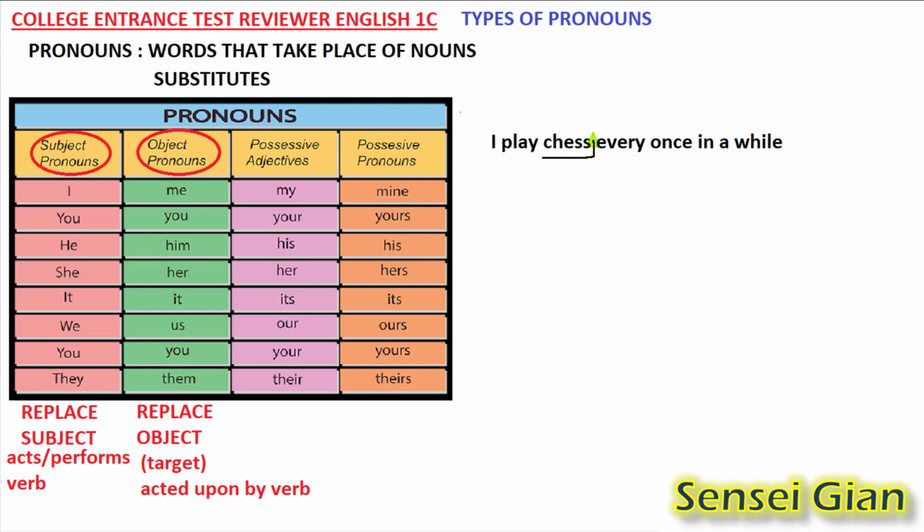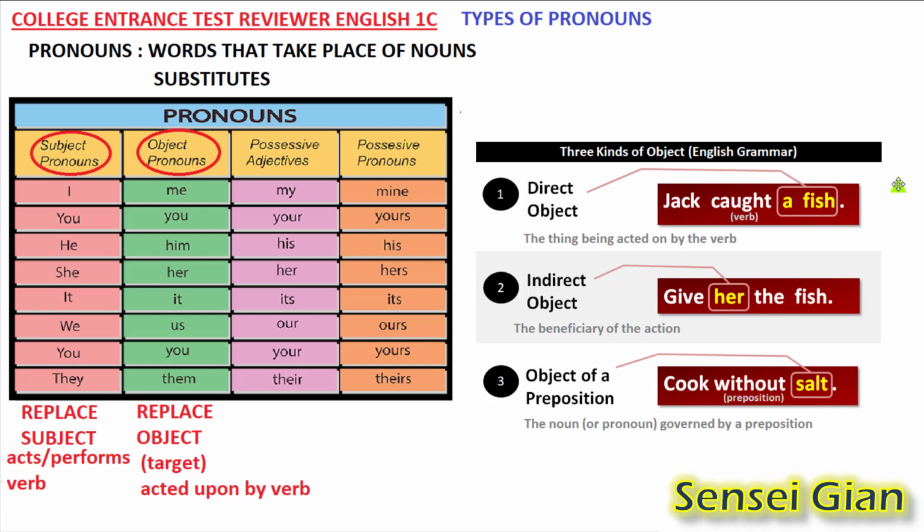That is the chess. So you could consider chess the object of the verb. Again, the object is the target being acted upon by the verb. In usual cases, there are three types of objects anyway, but that is for another lesson. Let's just focus on pronouns first.